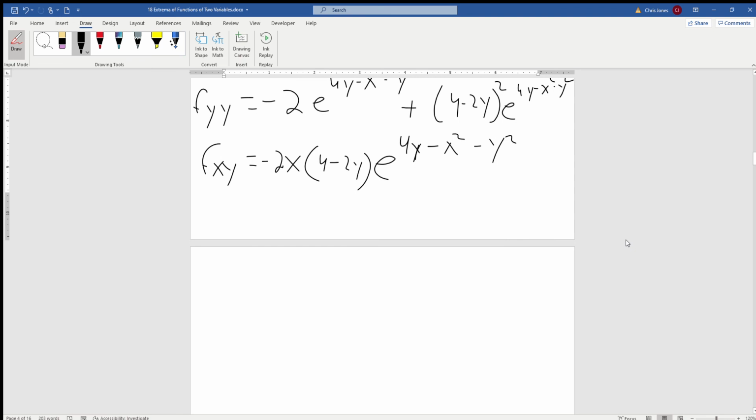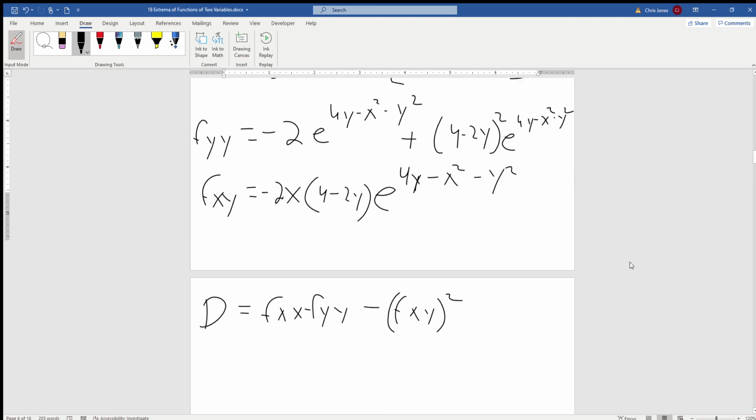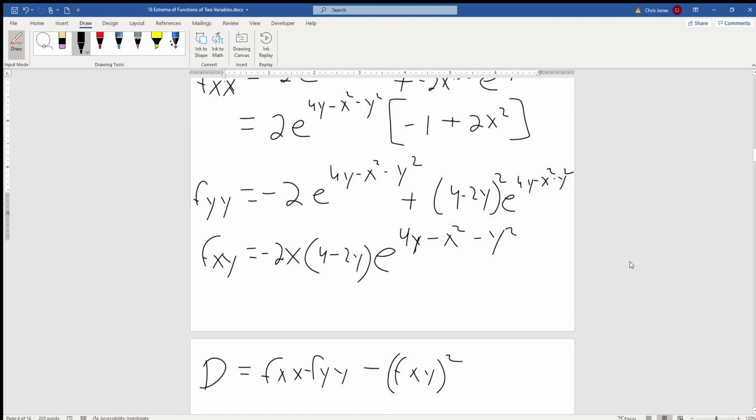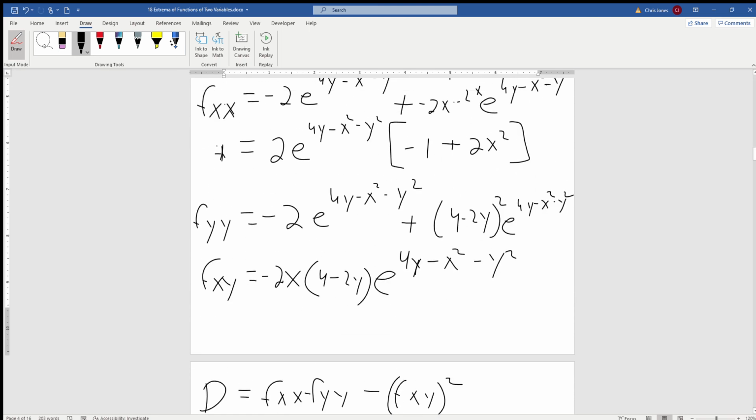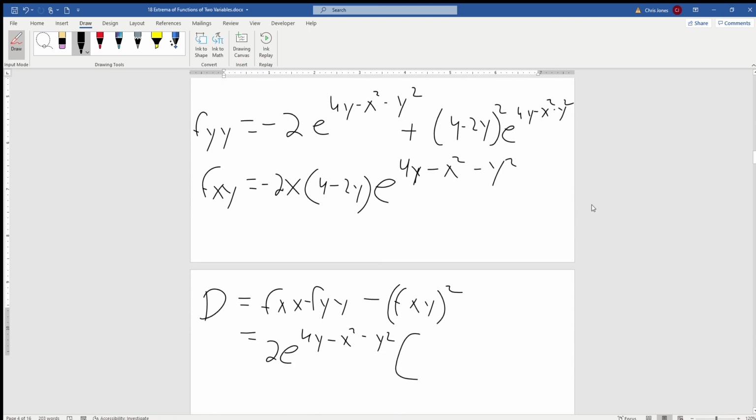Now let's look at the function D, and then we'll consider that to make it a lot easier for us. So D, now remember, D is equal to fxx times fyy minus fxy squared. I'm going to write it out really long first, and then we're going to make it really easy for us. So that's going to be equal to, now remember we had this expression, 2e to the 4y minus x squared minus y squared, and then we had negative 1 plus 2x squared.